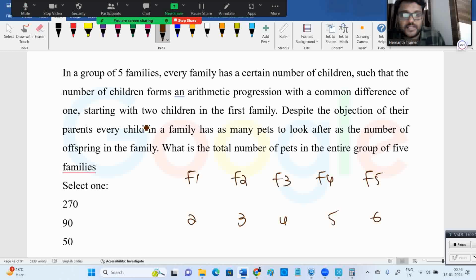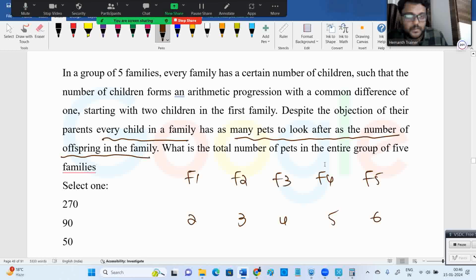Every child, despite the objection of their parents, has as many pets to look after as the number of offspring in the family. Now what is the total number of pets in the entire group? See here, each child has 2 pets, so 2 square.